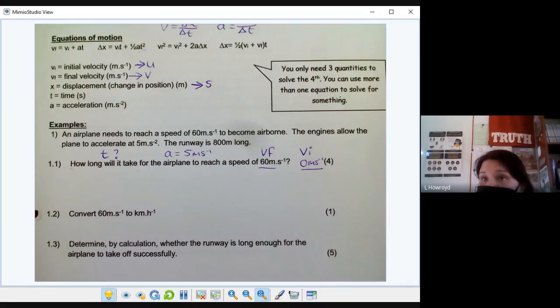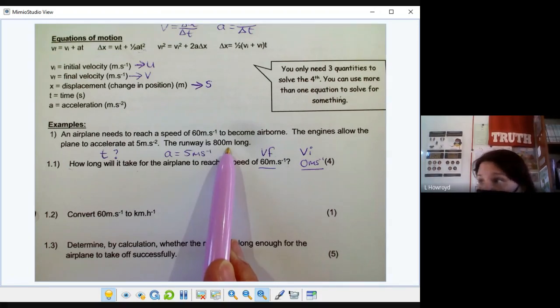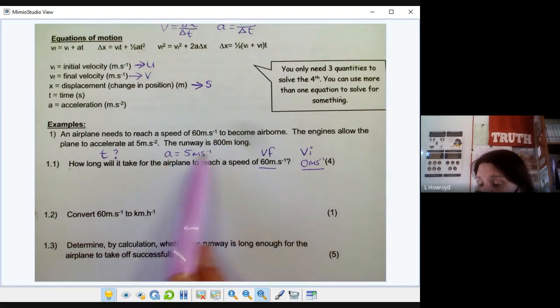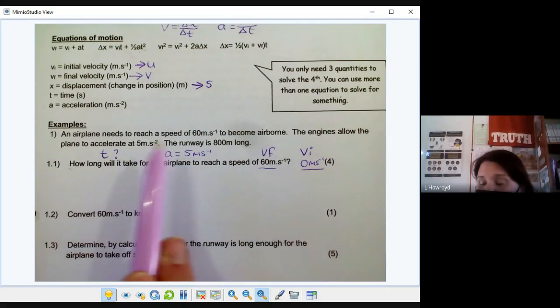So that's a very big thing, you have to read your questions carefully. Even though you are given a distance, this wasn't the distance that the plane took to get there. This is just how long the runway is. Okay, so be careful. So here is our third thing. We've got 1, 2, 3 things. We can work out the 4th.